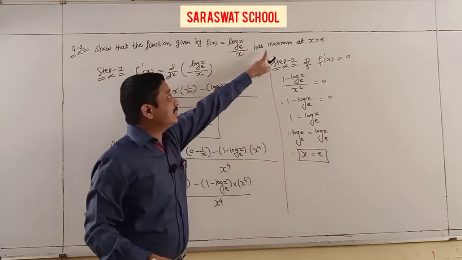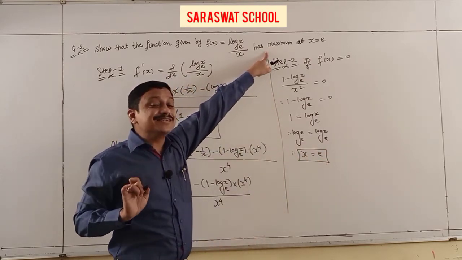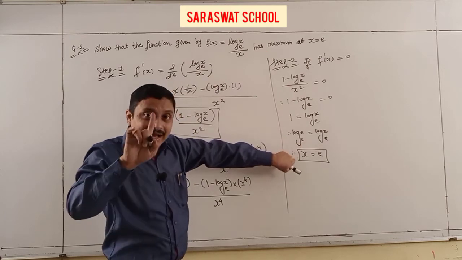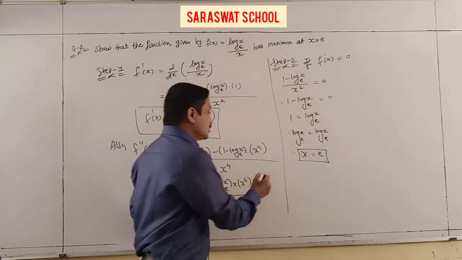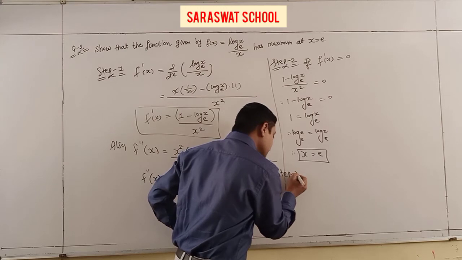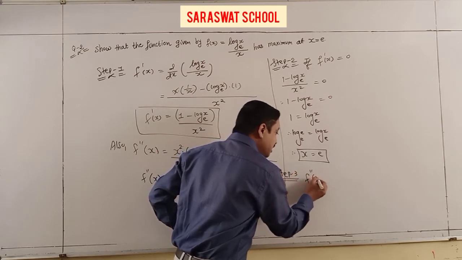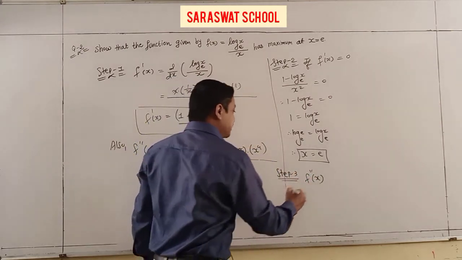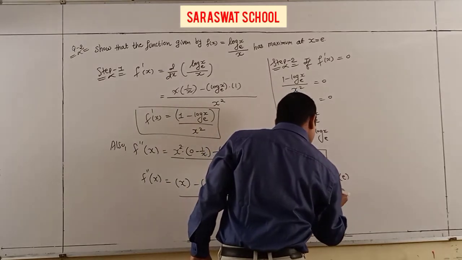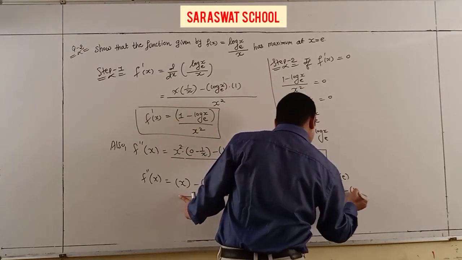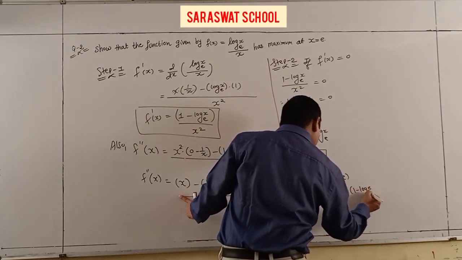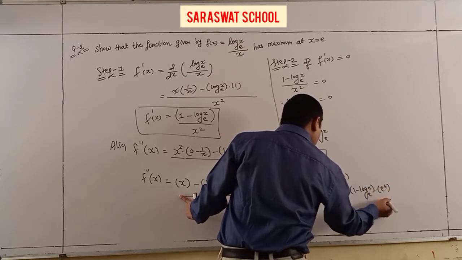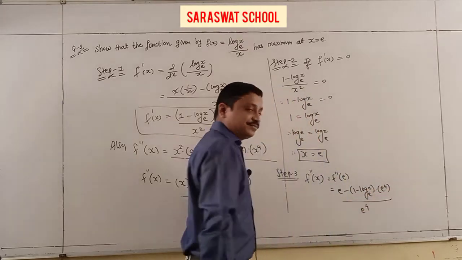Now target is what? Maximum at x is equal to e. So this x is equal to e, I check in double dash. So my next step 3, f double dash x, and apply on it f double dash e. So my data is e minus 1 minus log e base e into e raised to 4 by e raised to 4.